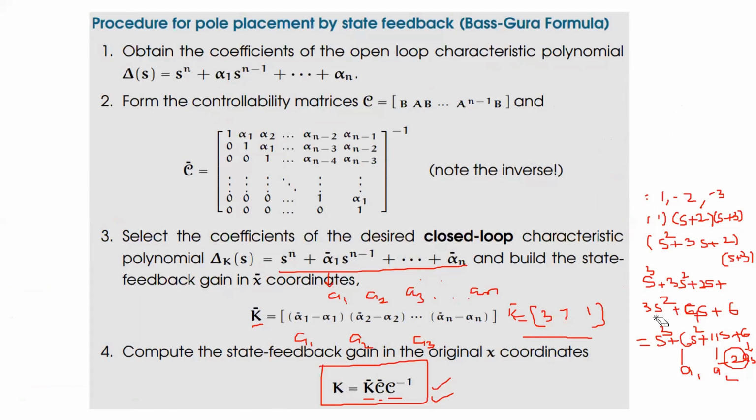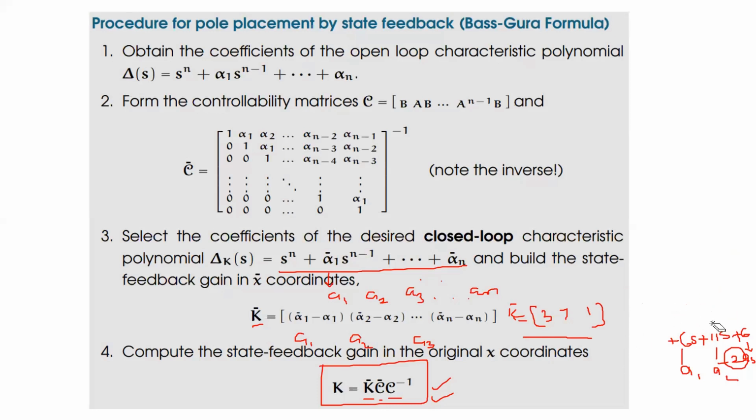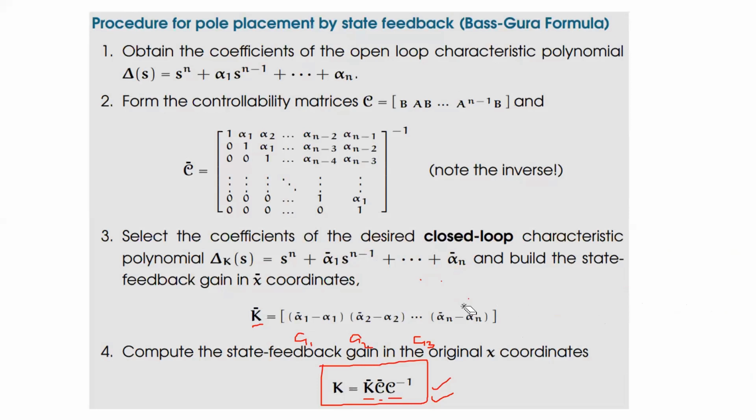For the examination, if the system order is less than or equal to 3, better go with the direct substitution method. Don't go for this Bass-Gura formula method, because there are a lot of calculations, inverse matrices like this.